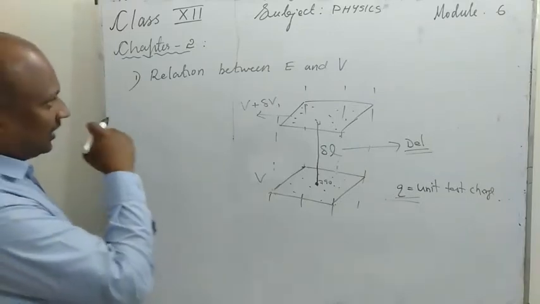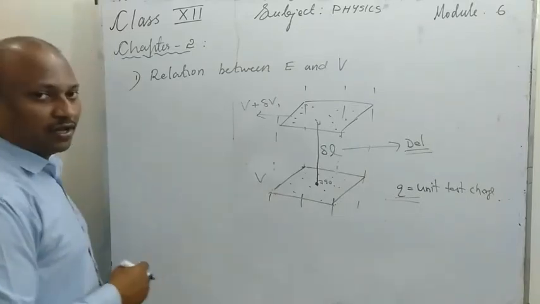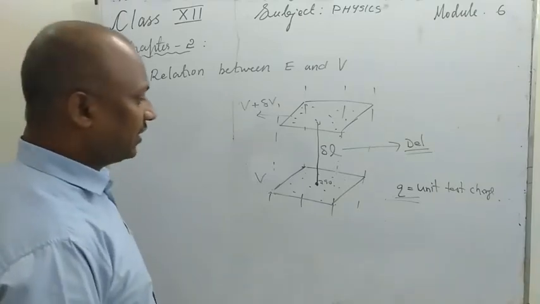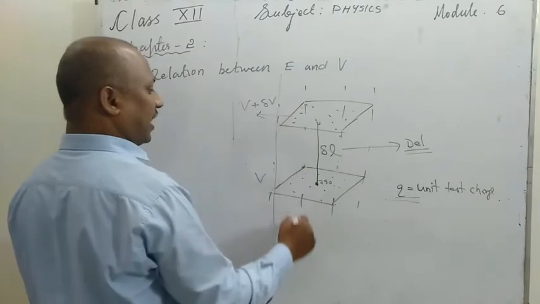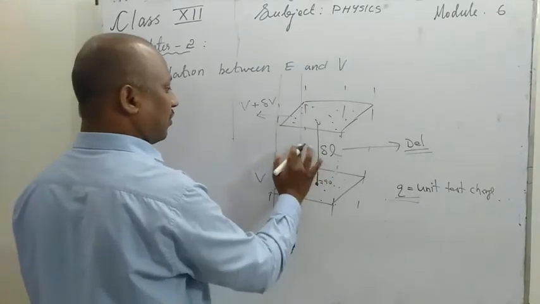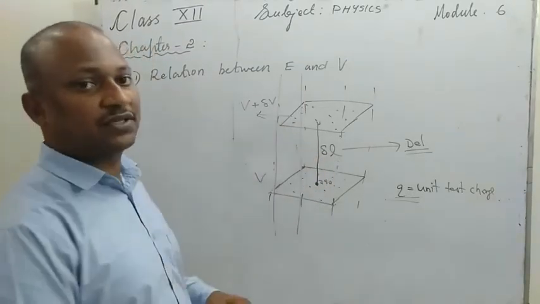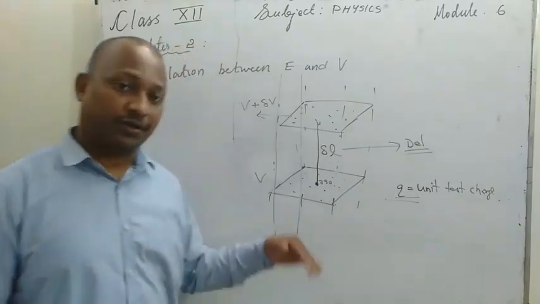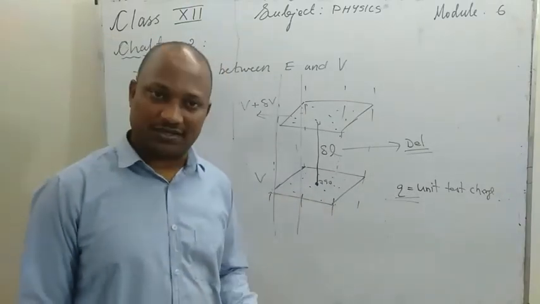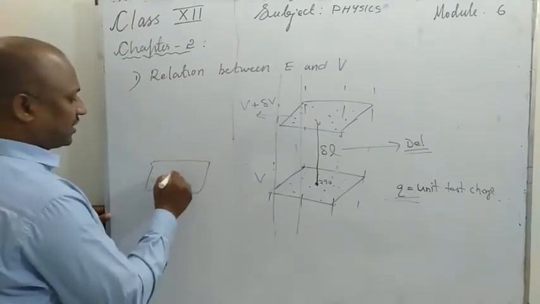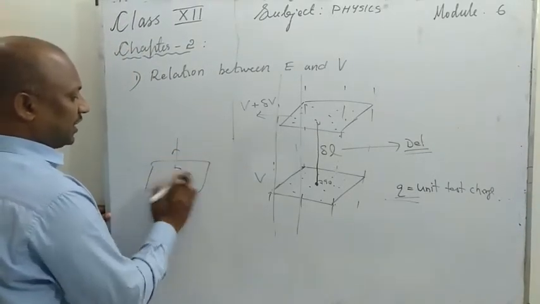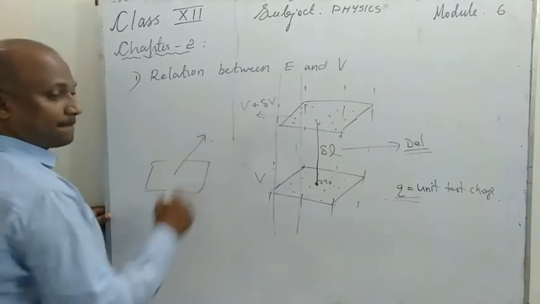Okay, so the relation between electric field and potential V we are going to derive over here, and definitely there will be electric field lines over here, and electric field lines may be in the upward direction or in the downward direction, because electric field is always perpendicular to the equipotential surface. And if it is not perpendicular, suppose the electric field is like this, what will happen?